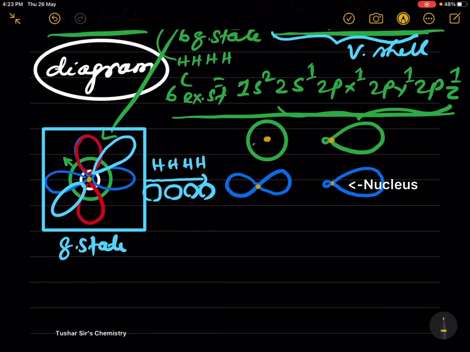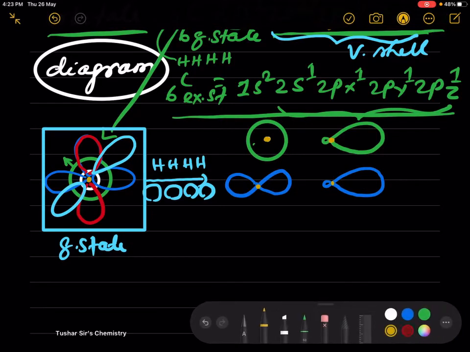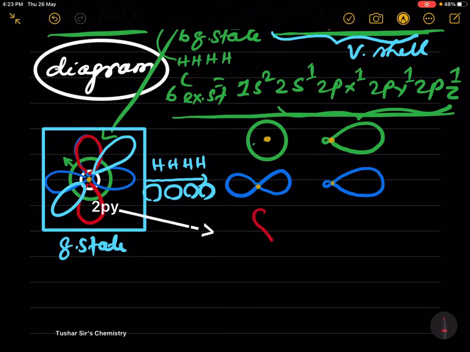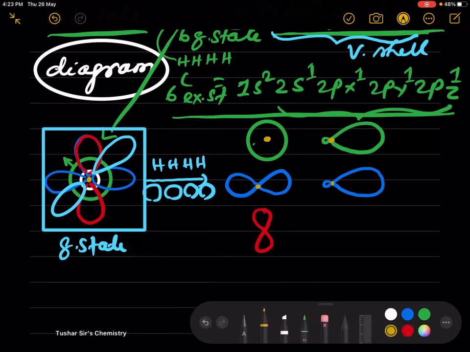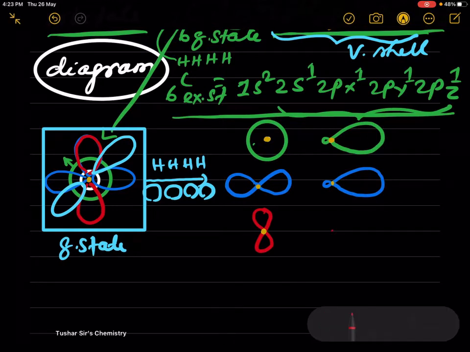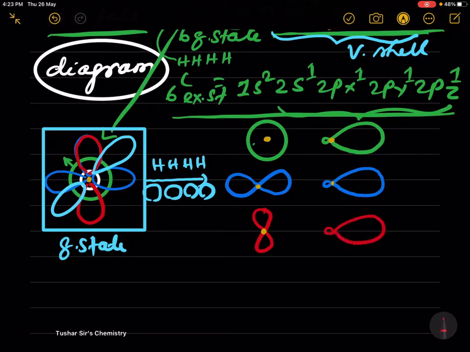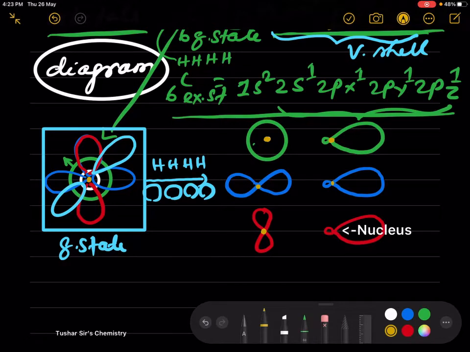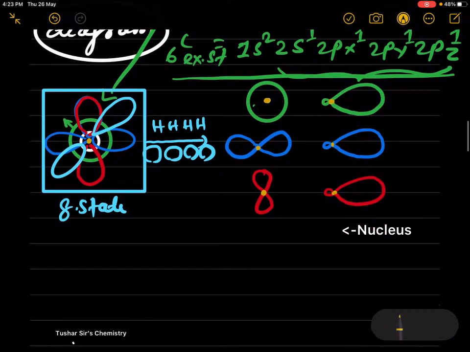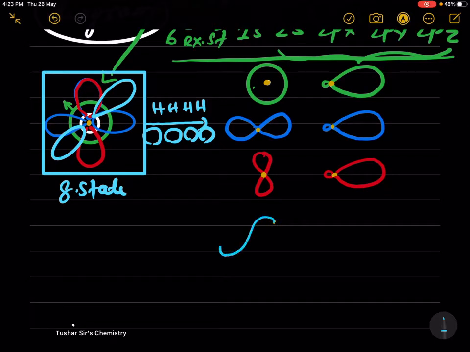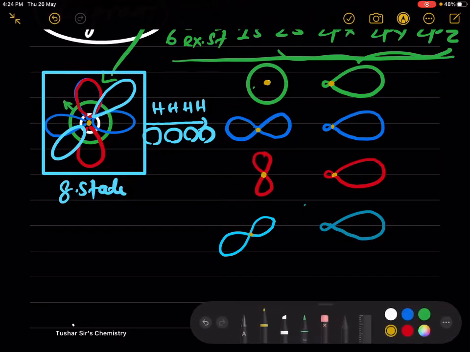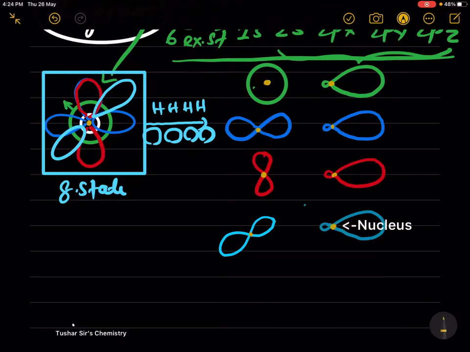Then the red color 2py becomes like this, and the nucleus is over here. Then 2pz, and the nucleus is over here.